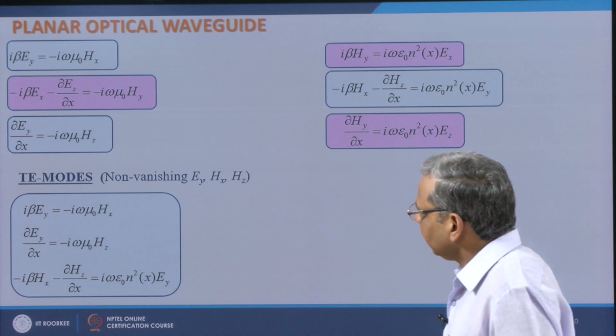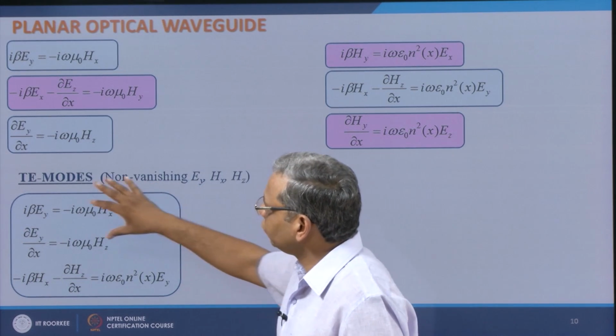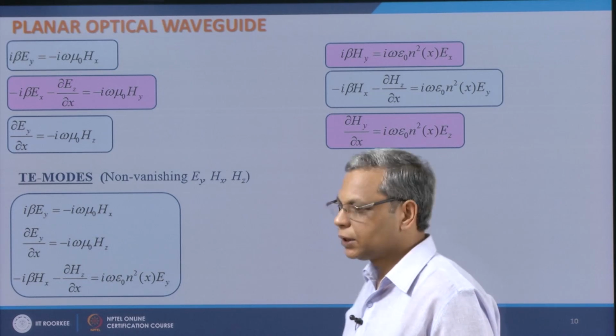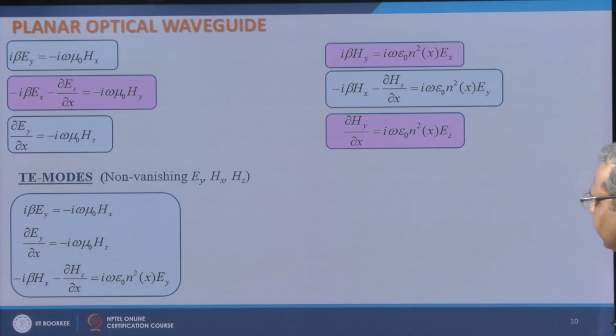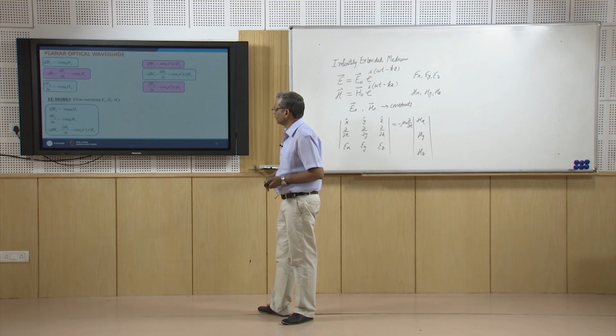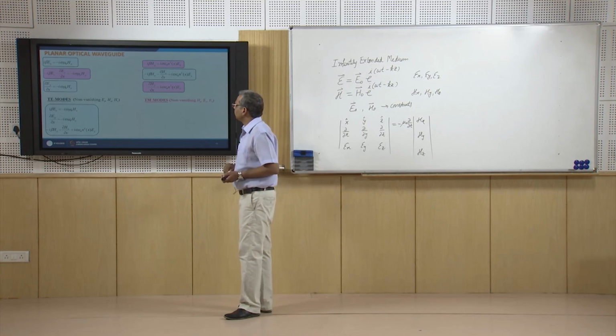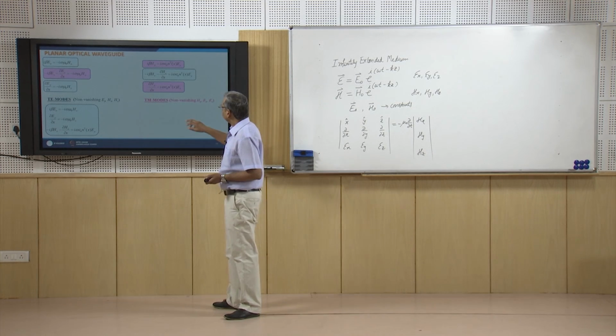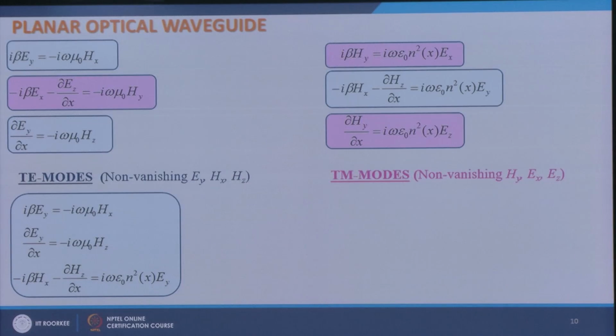Then these modes are also known as TE modes or transverse electric modes or transverse electric polarization, while the other 3 have non-vanishing components Hy, Ex and Ez, and there is only one component of magnetic field, and that is transverse.